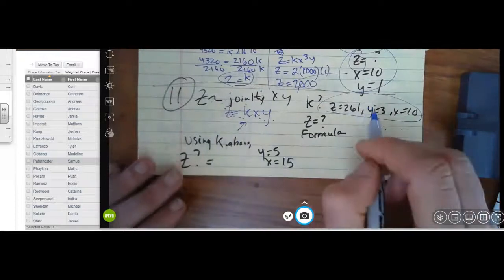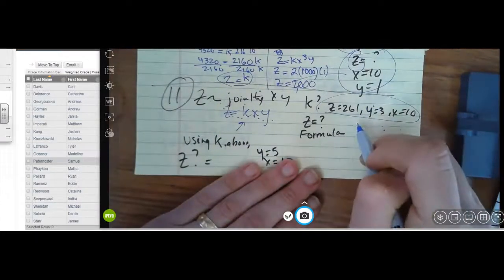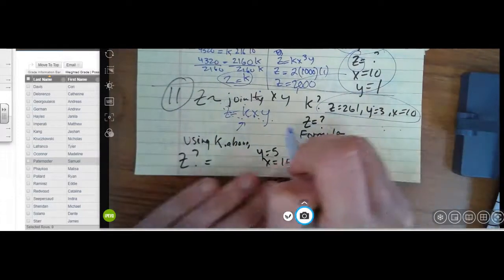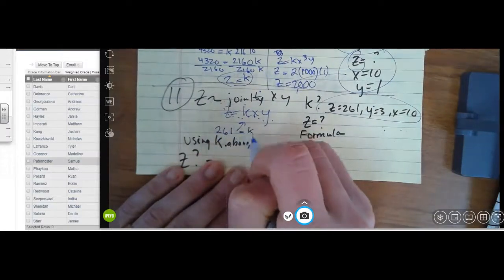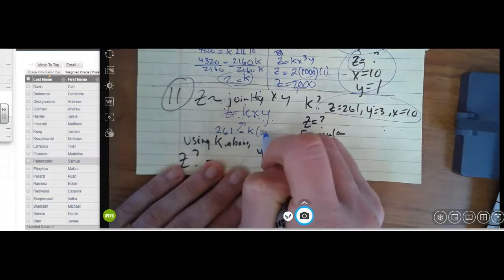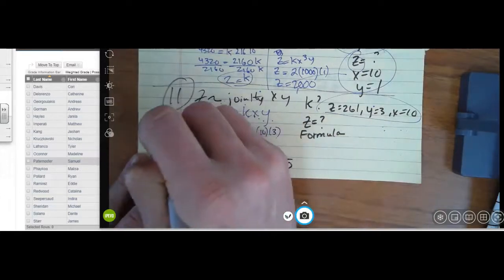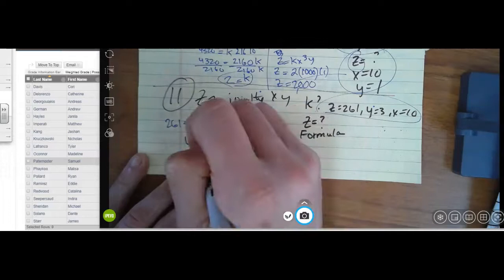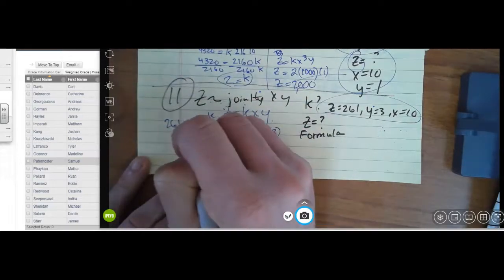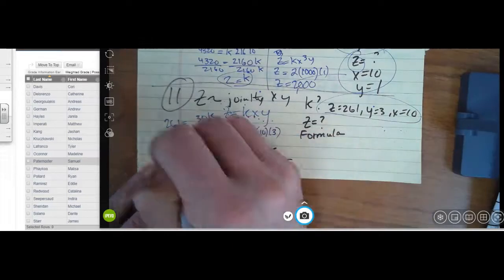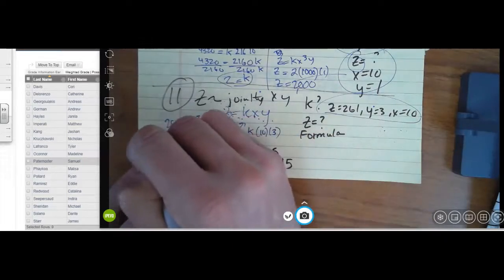So 261 equals k times xy, which is 10 times 3. So we're going to get 261 is equal to 30k. So k is equal to 261 over 30. So k is equal to 8.7.